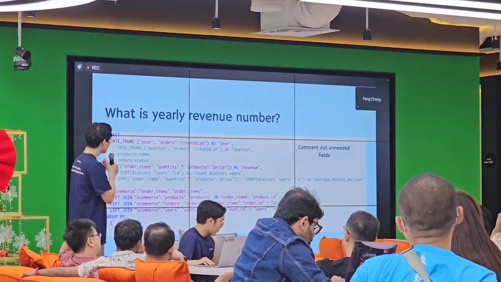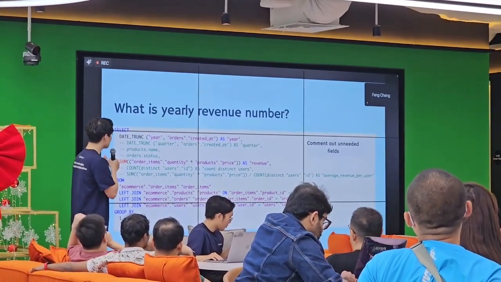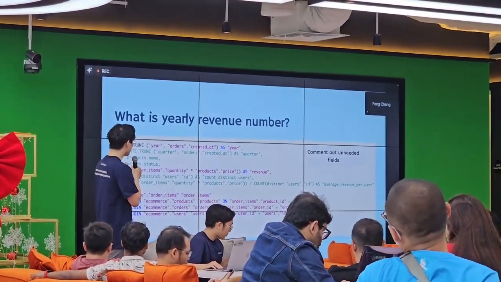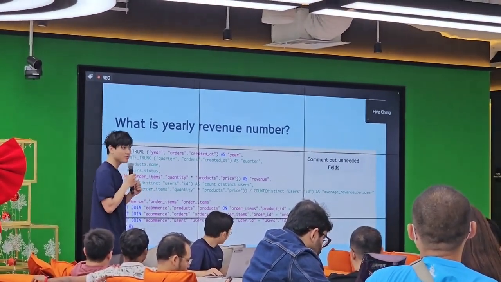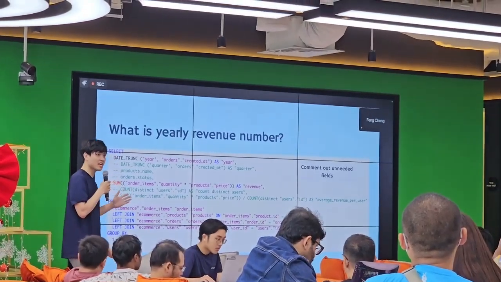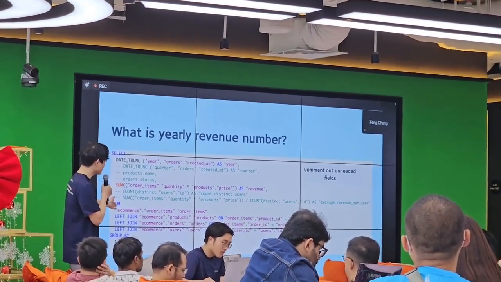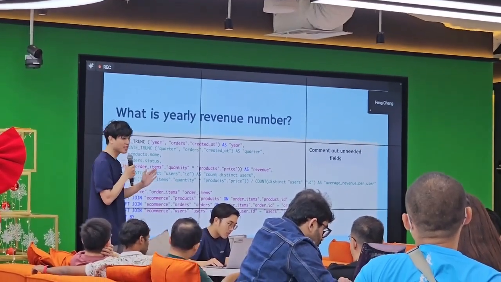So to calculate the yearly revenue number, he just has to give the date of year of order created at and the aggregation expression for the revenue, and all the joins don't have to be modified at all, right? Because it's pretty fixed, so he doesn't have to change that.